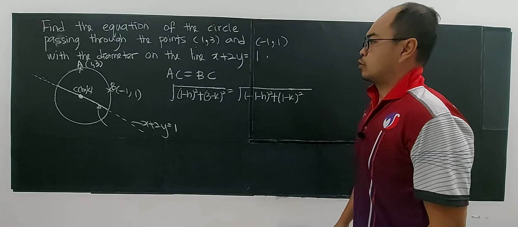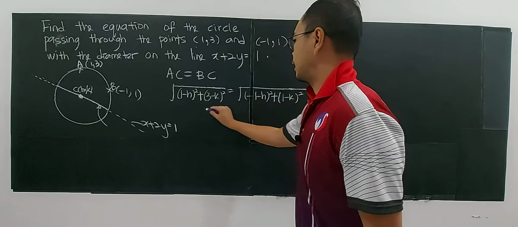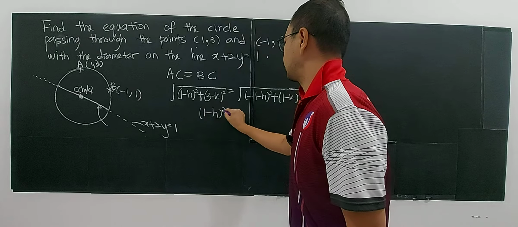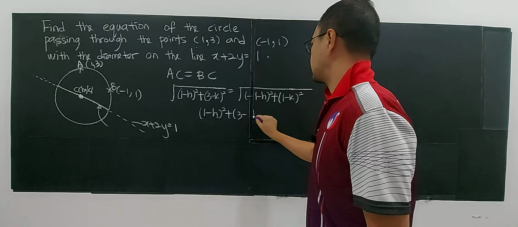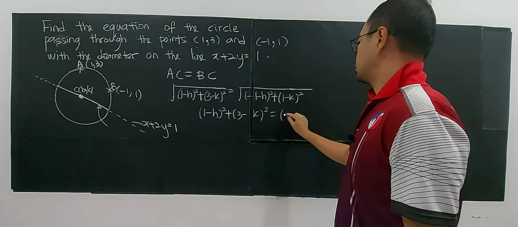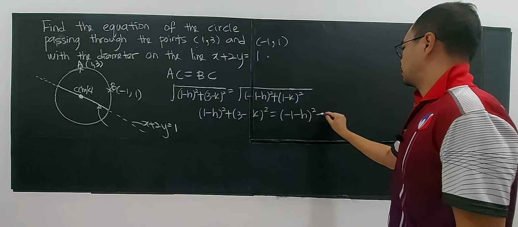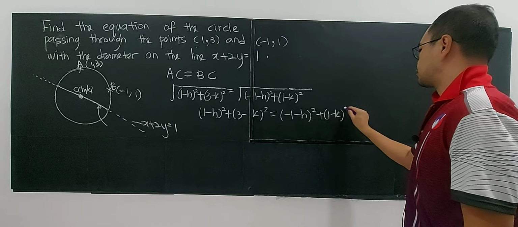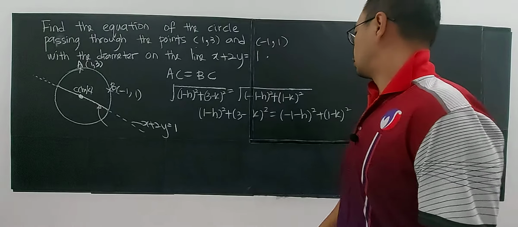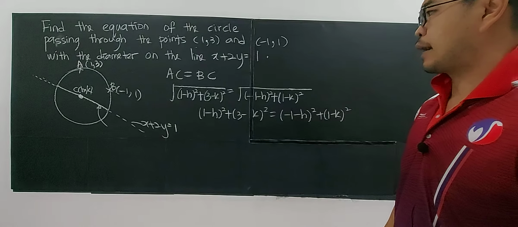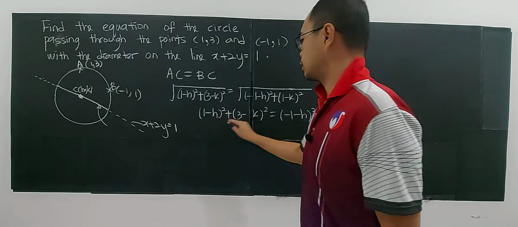I'm going to expand this by squaring both sides. I have 1 minus h squared plus 3 minus k squared equals negative 1 minus h squared plus 1 minus k squared. I can solve this by expanding all the brackets.